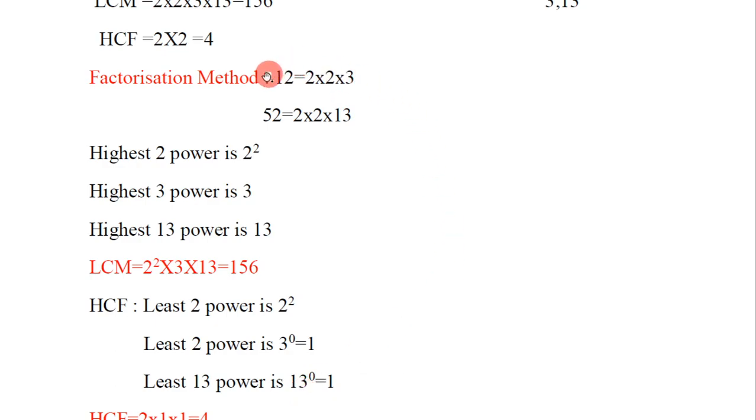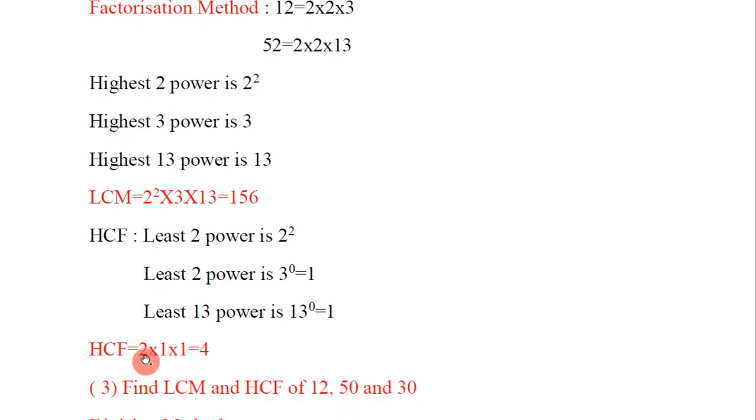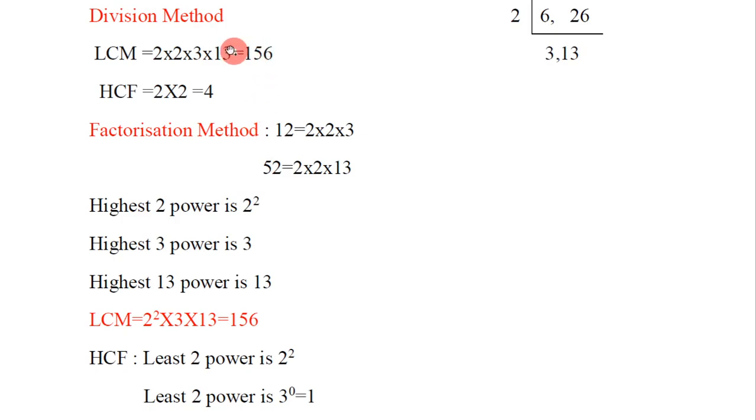We have to list all the prime numbers present in either number and cover all of them. No more primes here, 5 is not there, 7 is not there. So just consider the powers of 2, 3 and 13 which are least in both. Multiply them: 2 square into 1, which is 4. So the highest common factor is 4 and the LCM is 156, the same as we obtained in the division method.